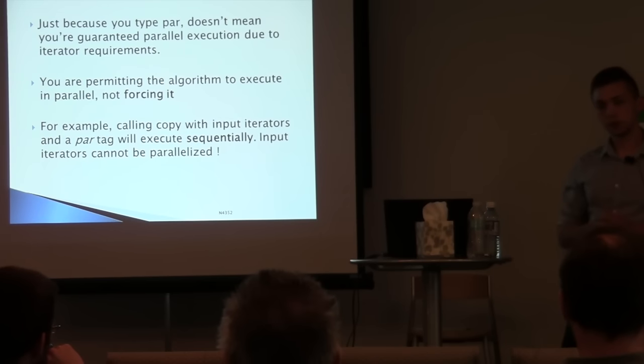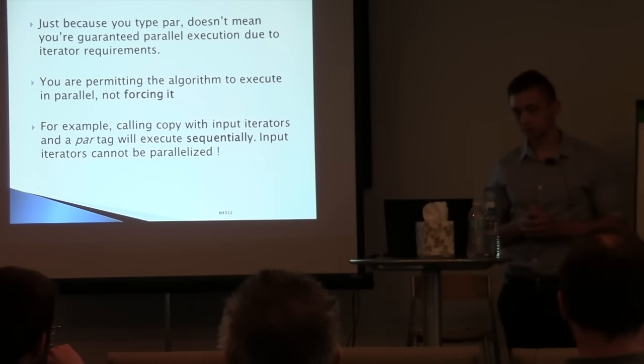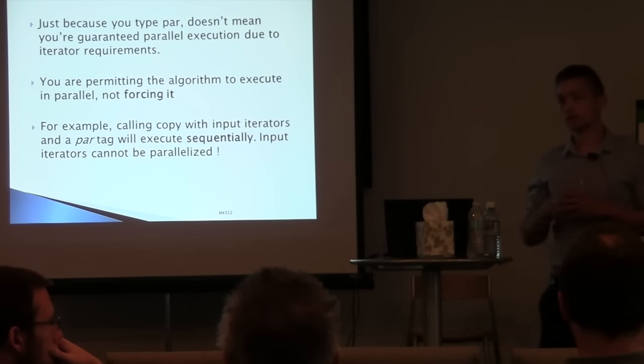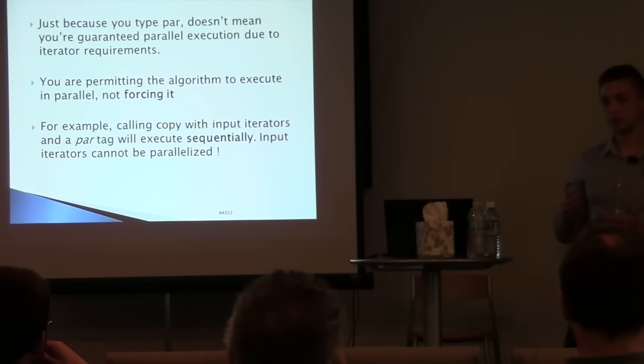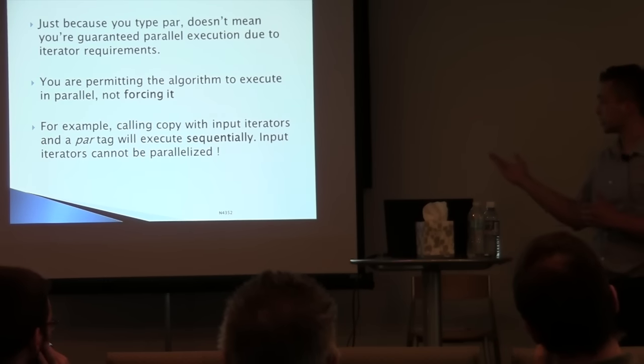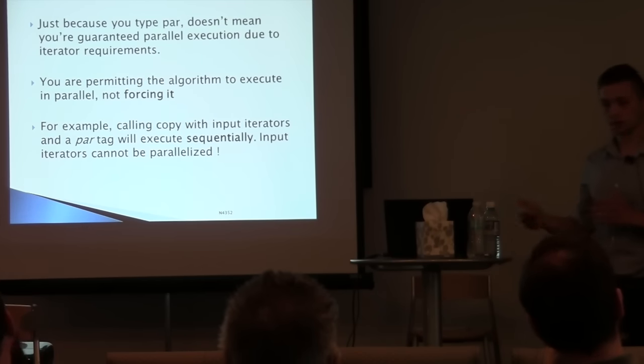This is because of input iterators, where, as I mentioned before, there's no new requirements placed on the algorithms. So in the case of input iterators, where you can only achieve the value once and you can't jump ahead inside these iterations, it can't be parallelized. So in the case that you pass an input iterator in and you also pass in a par tag, it will detect that you're using input iterators and it will run the sequential version instead.